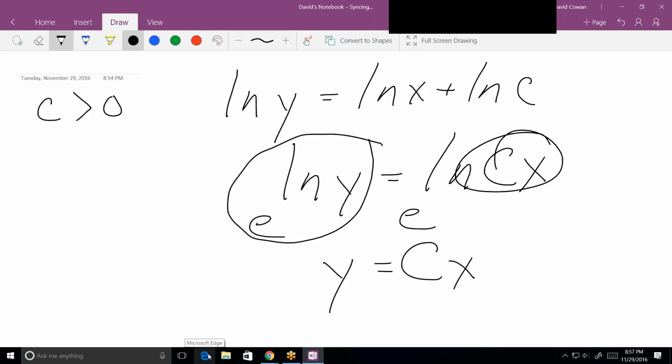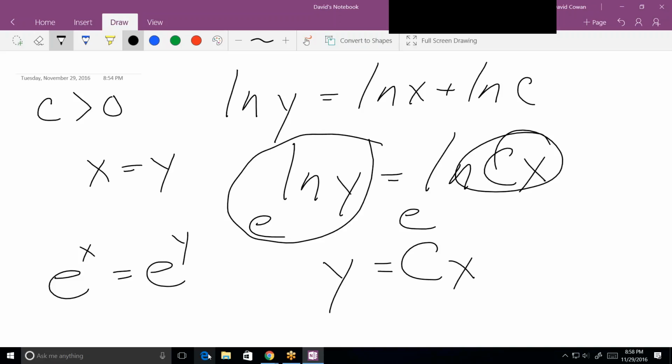But technically, that's what you're doing. When you have the log of one argument equals the log of another, and I say you can set the arguments equal to one another, you're exponentiating both sides. This is a little bit of a strange concept: if I have x equals y, then e to the x has to equal e to the y.